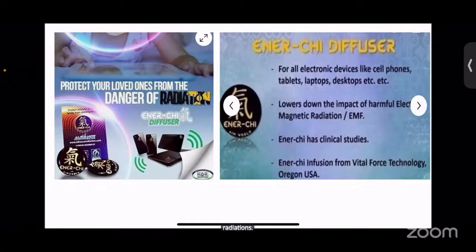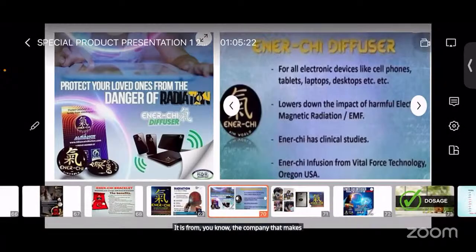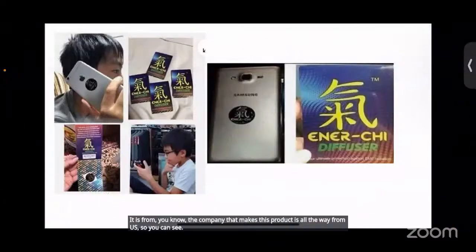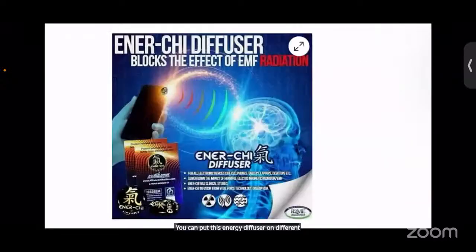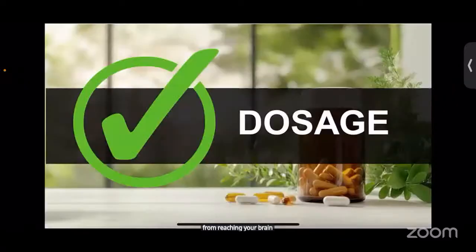It has clinical studies. The company that makes this product is all the way from the US. So you can put this energy diffuser on different gadgets that you have, and hence protect yourself, blocking the effect of electromagnetic radiations from reaching your brain, protecting your loved ones from all these diseases.